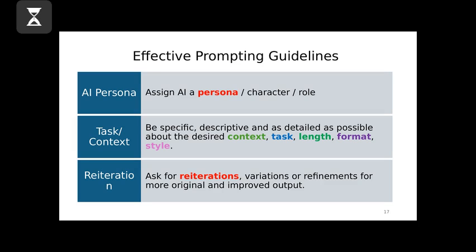So the first one is AI persona. If you feel like you don't have a very clear task, you don't have very specific details about the task, you can simply assign AI a persona, character, or role. So from the perspective of whom do you want AI to approach this issue? For example, if you want to create an outline for an environmental communication campaign plan, do you want AI to approach this as an environmental activist?